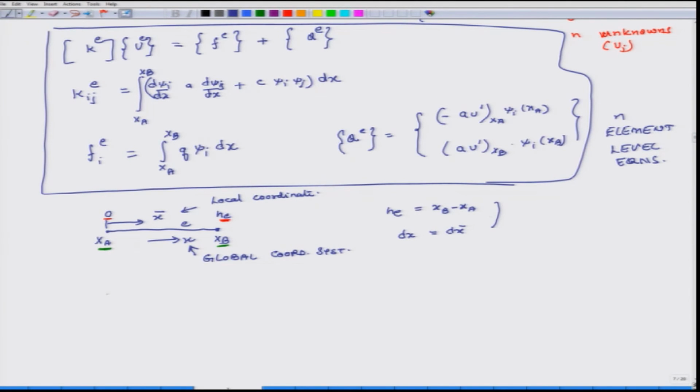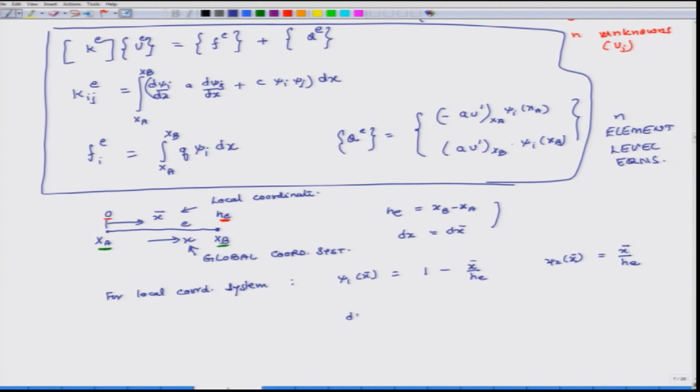So, for the local coordinate system, my interpolation functions are psi 1 of x bar and psi 2 of x bar. Psi 1 is a function of x bar, not x, and this is equal to 1 minus x bar over h e, and psi 2 is equal to x bar over h e.